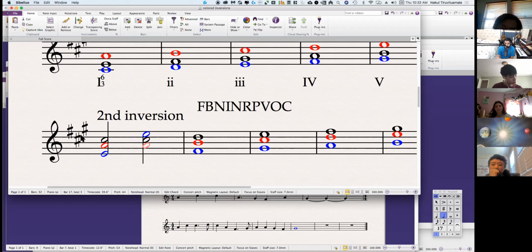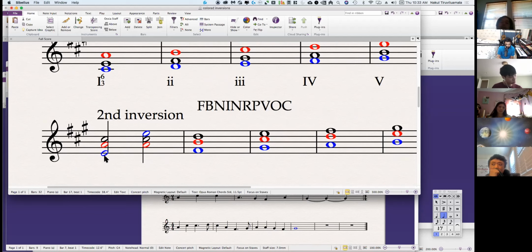So we're in the key of A major in all these exercises. So if we're in A major, this chord right here, we figured out the Roman numeral. But now we have to figure out the Arabic numerals, okay? And the Arabic numerals can be determined from the bass note.